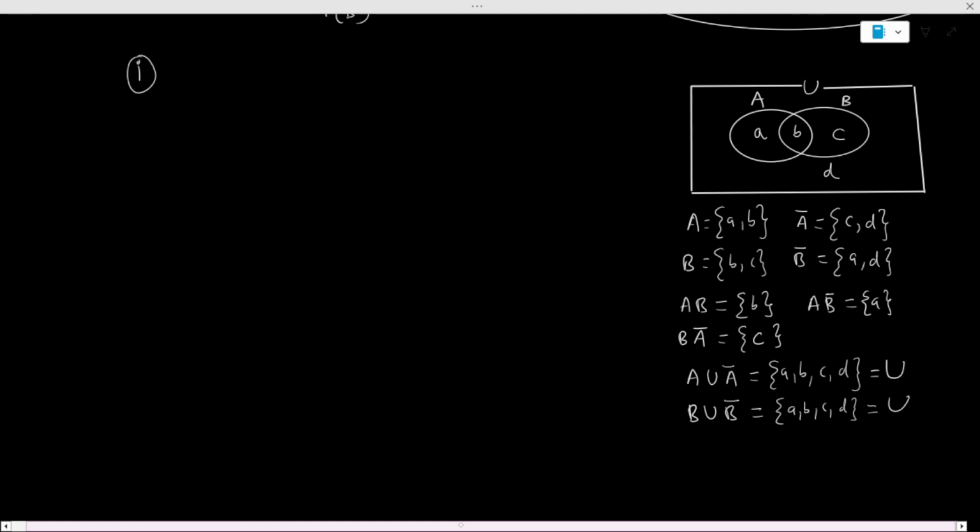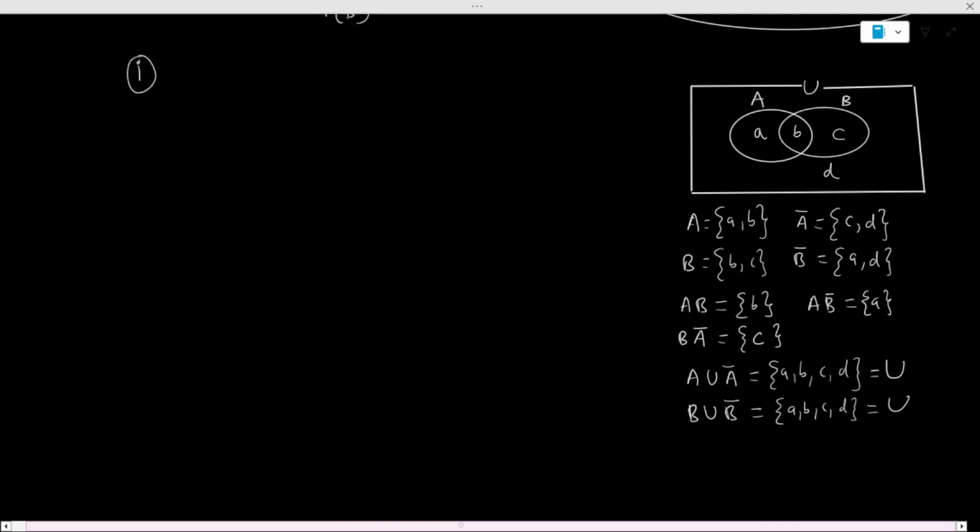The set A contains elements A and B, set B contains elements B and C, and the complement of A union B contains the element D. Our A complement is anything that is not A, so that is C and D, and B complement is anything that is not B, so it is A and D over here.